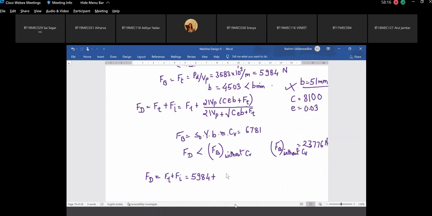Yeah, girls, where are you? Give me the answers. FI, Atharva is getting 13192. Somebody please validate this. Utkarsh is getting 18048.